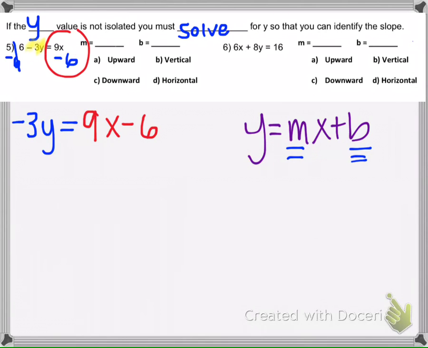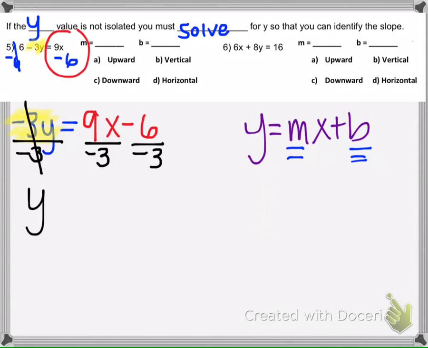They're not like terms. Then the very last step when we solve equations, when there's just the variable that we're trying to solve for and a number right in front of it, a coefficient, it's being multiplied, we divide. So we're going to divide both sides by negative 3. Now when we divide one side, we have to divide the whole other side by negative 3.